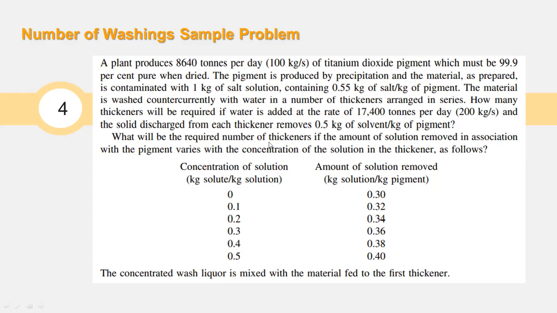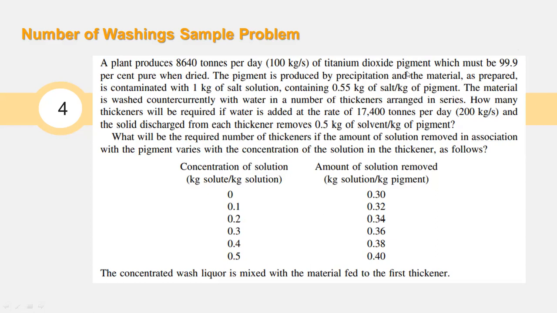So after the process of washing this titanium dioxide pigment, which has some contamination, which I'm going to read in the next statement, removing the contamination does not ensure that all the contaminants are removed in a real setup. But in this case, we assume that whatever is left is removed together with the water.